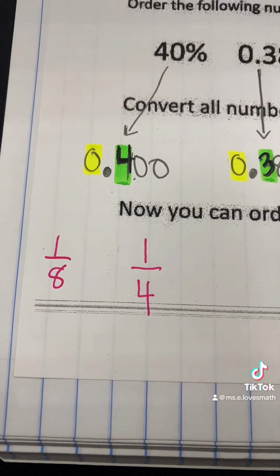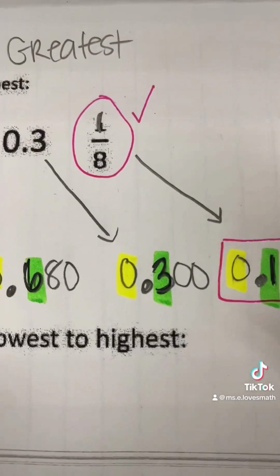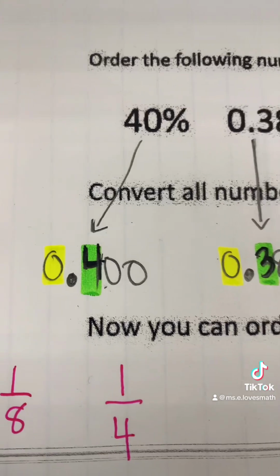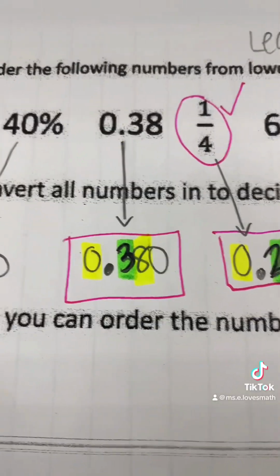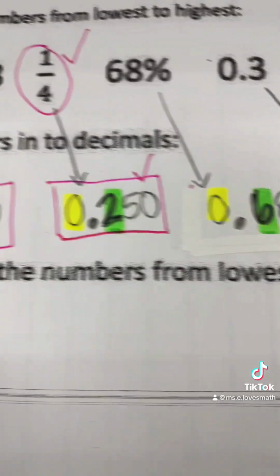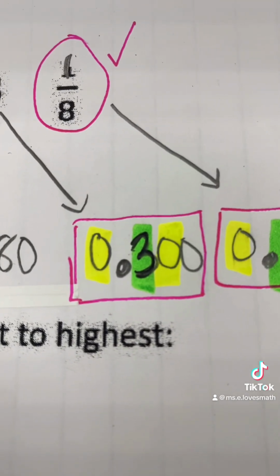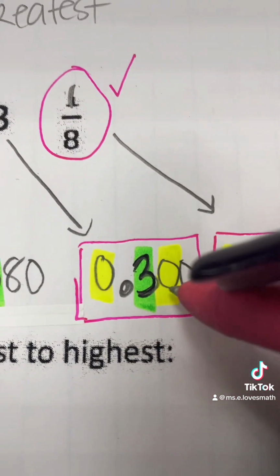So here we are. Going back to our remaining decimals, we have a 3, a 6, a 3, and a 4. The next smallest number is 3. The only thing is we had 2 numbers with 3 as our next value. So we need to look at the hundredths place.